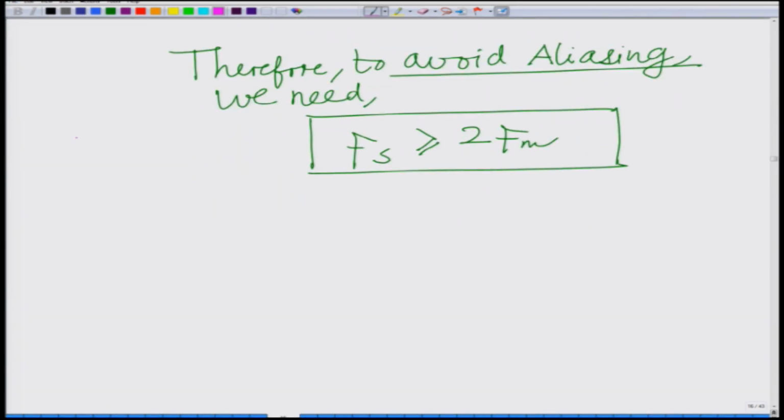And this is known as the Nyquist criterion. This is known as the Nyquist sampling theorem.